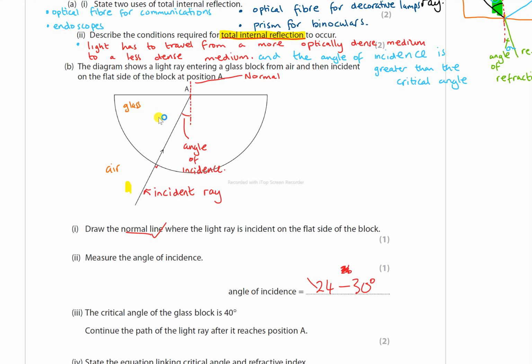So, right, let's do it this way then. So the ray's coming in, the angle of incidence is less than the critical angle, so it's going to come straight out. Yeah, so this is what's happening. It comes in, because this angle is less than 40, it's between 24 and 30, the ray is going to come out and it's going to bend.